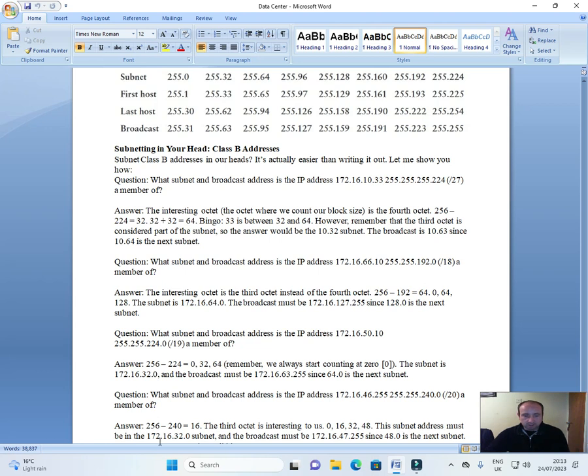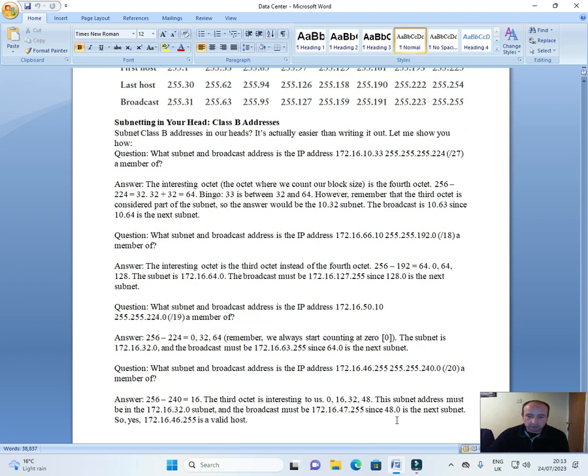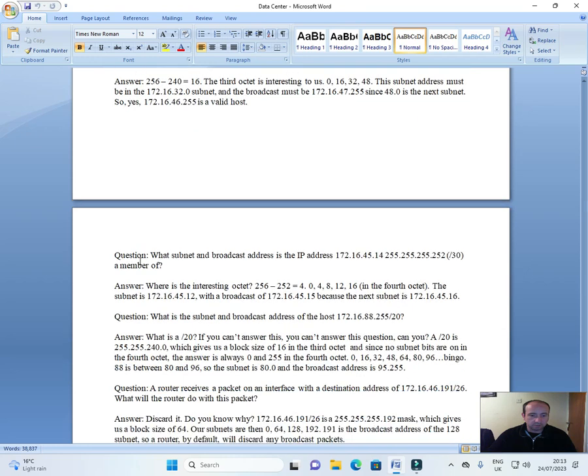This address must be in the 172.16.32.0 subnet, and the broadcast must be 172.16.47.255 since 48.0 is the next subnet. So yes, 172.16.46.255 is a valid host.